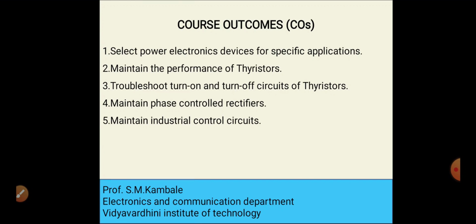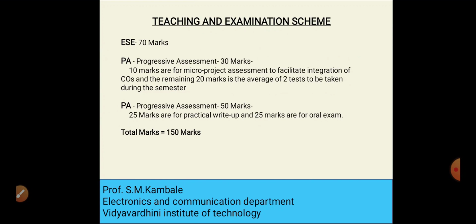Now looking to the next, that is teaching and examination scheme. Our whole syllabus contains 150 marks, out of which 100 marks are for the theory paper and 50 marks are for the practicals.